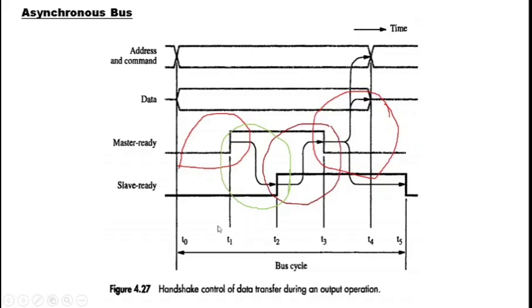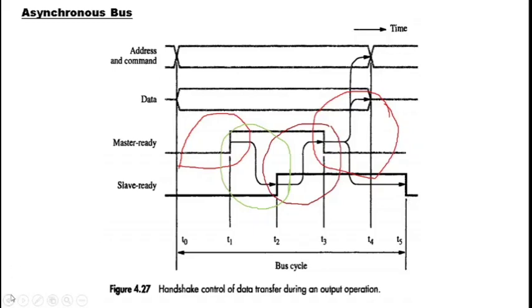T1 indicates master's begin transaction signal, and T2 indicates slave's I am ready signal. Okay, then what about T3 and T5? T3 indicates that master is aiming for end of transaction, and T5 indicates that slave has completed the transaction.